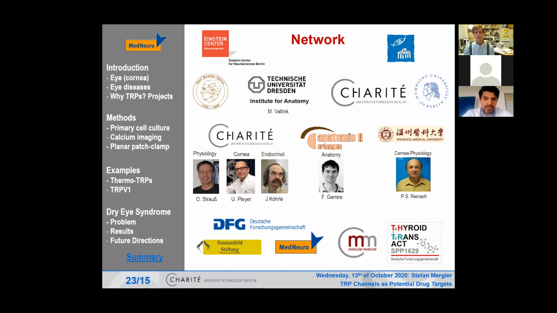A certain cell density is necessary so that we can successfully patch these cells, and this was shown. I started planar patch clamp in 2008, and in 2010 we had the first full-length paper showing the ion channels in corneal endothelial cells for the first time. In 2007 we had the first preparation showing the TRPV1 expression, and some years later we also showed TRPM8 in corneal endothelial cells.